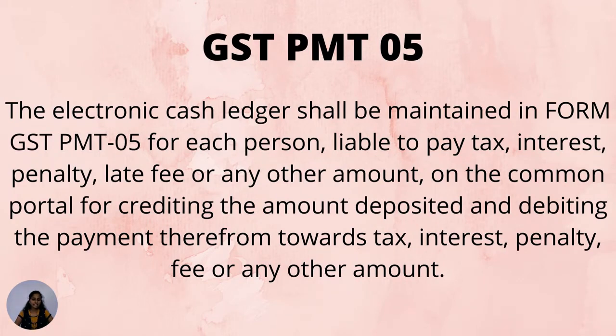The electronic cash ledger shall be maintained in form GST PMT 05 for each person liable to pay tax, interest, penalty, late fees, or any other amount on the common portal for crediting the amount deposited and debiting the payment therefrom towards tax, interest, penalty, fees, or any other amount.